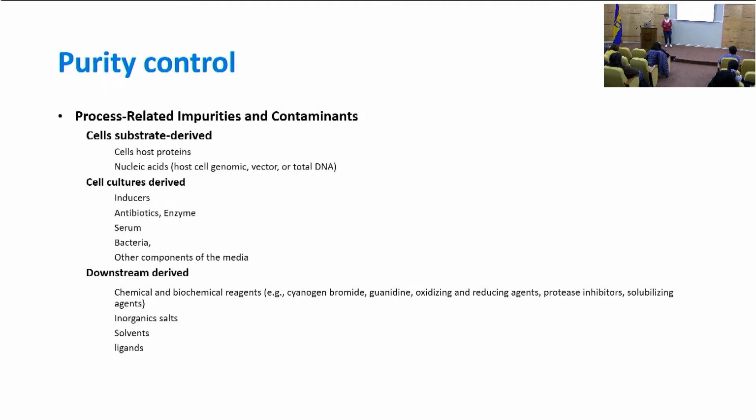You filtrate through filters made of plastic. Maybe you can have some small components of plastic which are extracted, so it's extractable contaminants. There may be organic salts, solvents, also related to all the processes that are employed to purify or to characterize, and ligands.